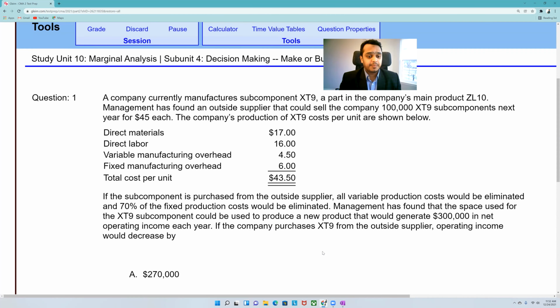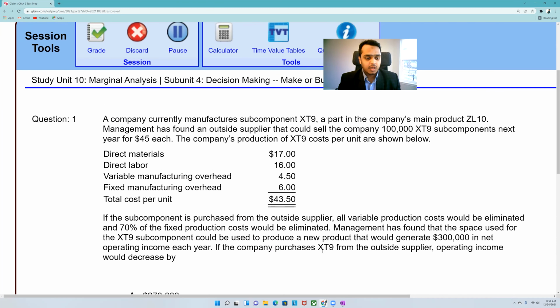Now we'll read the full question. A company currently manufactures subcomponent XT9, a part of the company's main product ZL10. Management has found an outside supplier that could sell the company 100,000 XT9 subcomponents next year for $45 each.